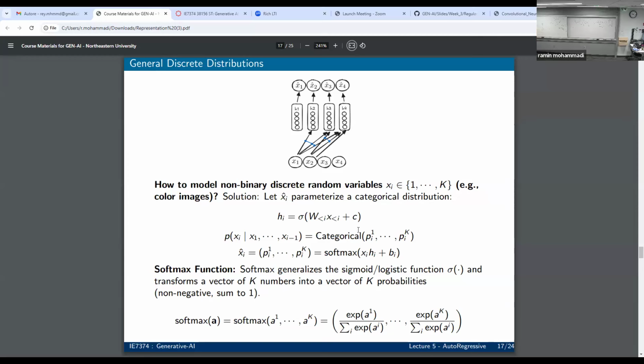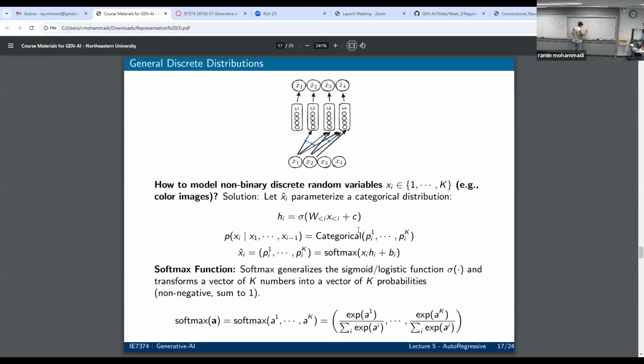So you still make this H, which is a vector of size D. After H comes the third line: you pass H to a softmax.